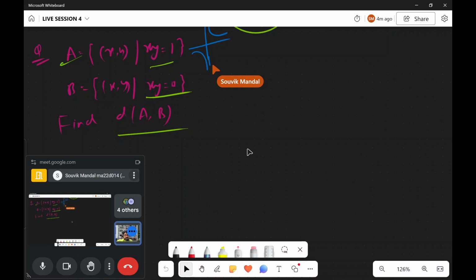So, is anybody getting any kind of guess what the distance will be? First, you need to guess, then only you can solve it, correct? Without guessing, you will be unable to solve.